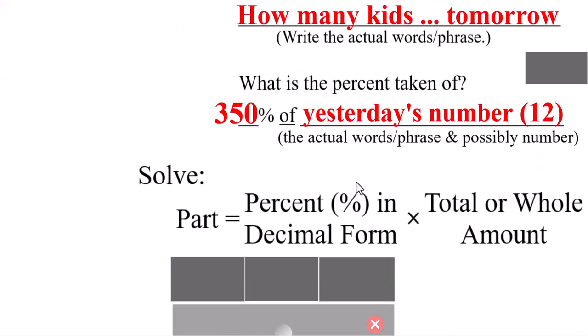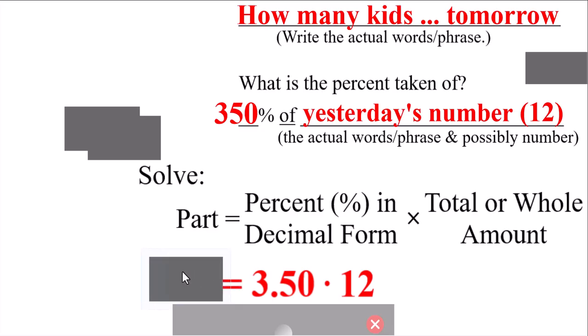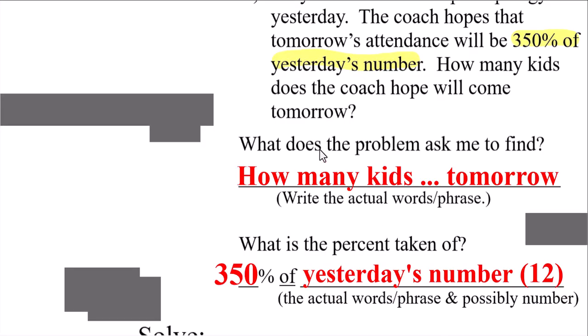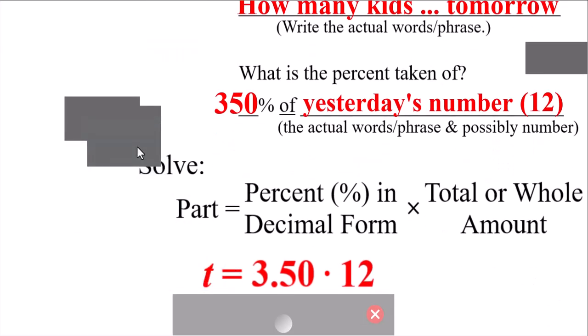So now that we know the 350% of yesterday's number, that's 3.50 times yesterday's number, because it's of yesterday's number, and yesterday's number is 12. Equals, we don't know the part. We don't know how many kids the coach hopes comes tomorrow. Tomorrow is not yesterday. So tomorrow is the part, and it is the unknown.